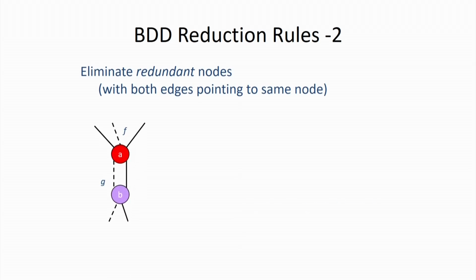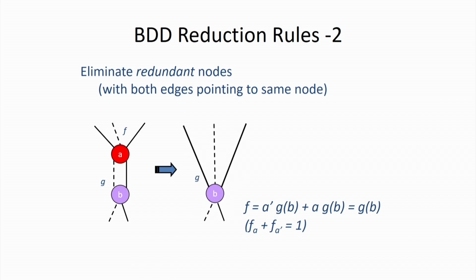BDD reduction rule 2 says to eliminate the redundant nodes. So what is a redundant node? Just see this node A. If I take the valuation of A equal to 0, it comes to this non-terminal node B. When I take A equal to 1, again it comes to that same non-terminal node B. At node A we are giving the valuation of function f, and at B we are giving the valuation of function g.